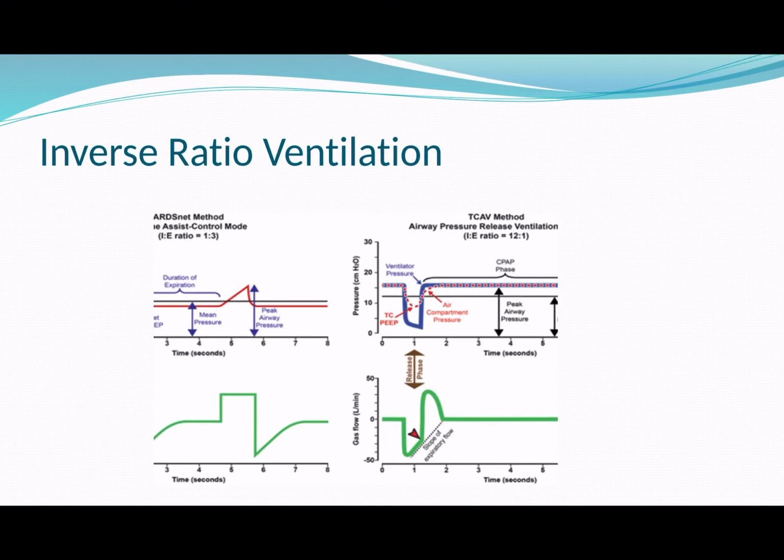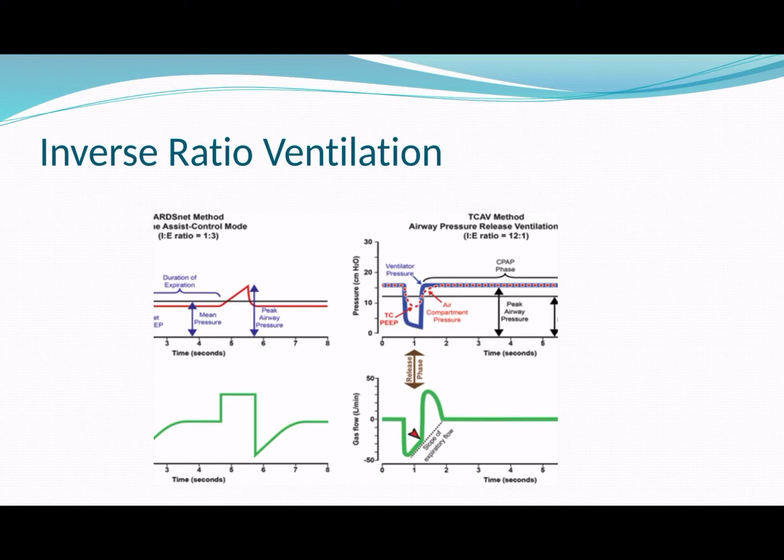The closest approximation to APRV that you can achieve on an anaesthetic machine is probably inverse ratio ventilation. Generally speaking, in normal breathing, you have a 1 to 1.5 to 2 ratio between inspiration and exhalation.